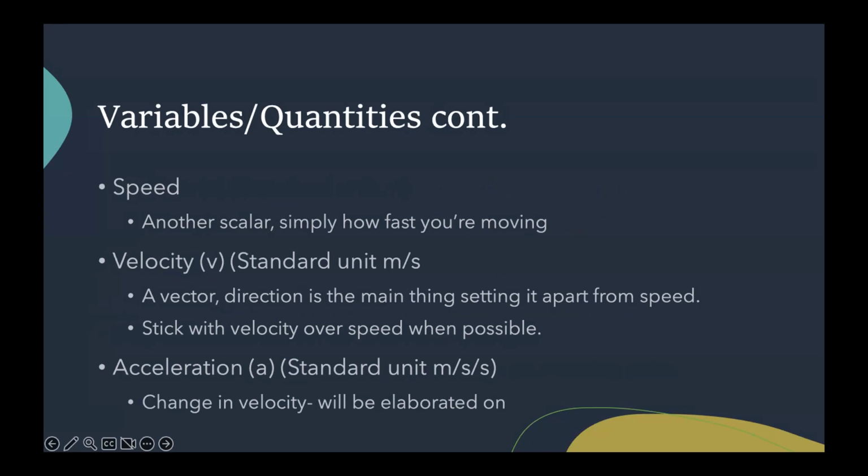So you're going to see velocity a lot more than speed in most questions. That's because being able to know which direction you're moving in is a lot more important and generally just more useful than saying you're traveling at 16 miles per hour or something. The standard unit is meters per second.